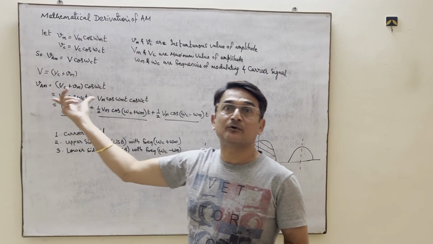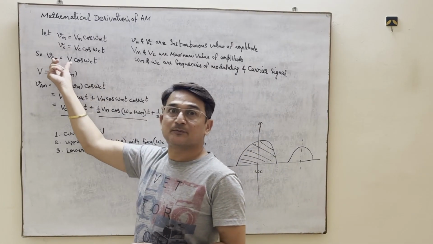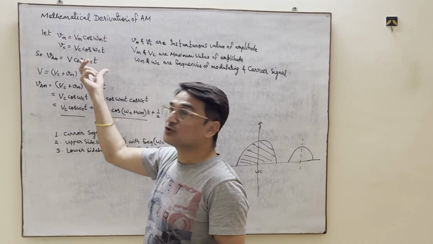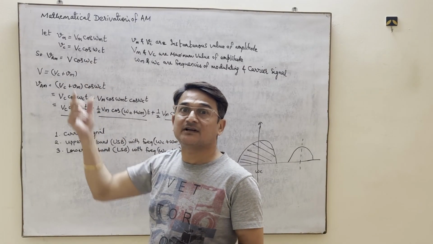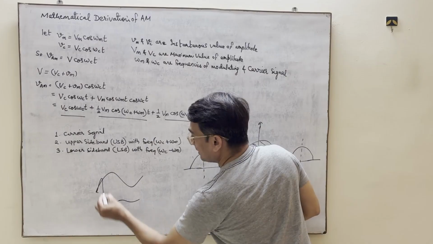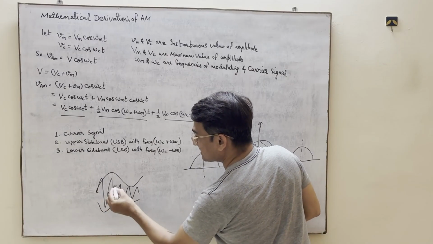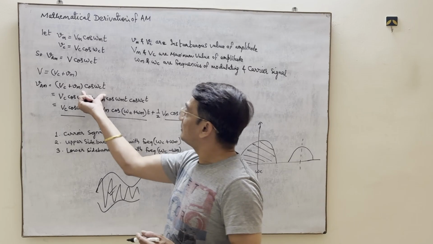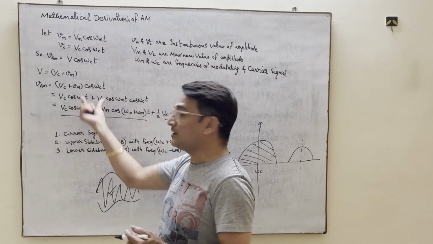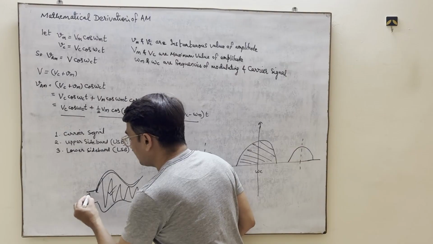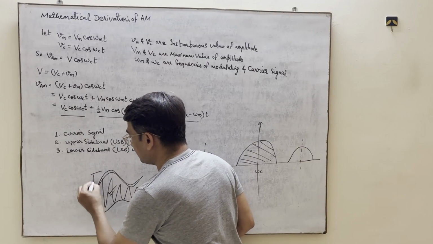Now the amplitude modulated signal can be represented by Vam is equal to capital V cos omega ct. As you have seen in the diagrams, this was the diagram I have drawn. So this is the frequency, which is the frequency of carrier signal. So this should be cos omega ct, but the amplitude is basically this plus this.